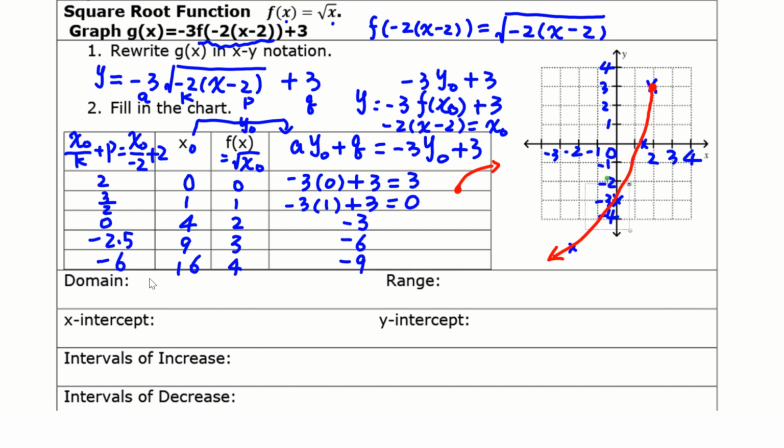function. So the domain is from the minimum of x to the maximum of x. So minimum is the left side of the graph, negative infinity for the horizontal x value, and the maximum is the maximum value for the x, so it's 2.